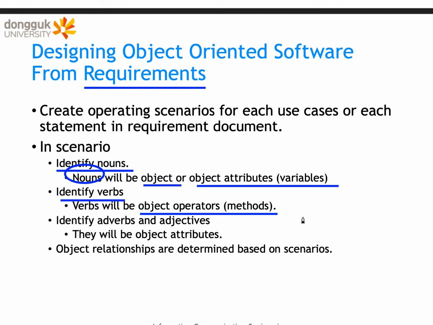If the class is too small, or you feel there are too many classes, then some nouns can be object attributes. And if you find a verb in a sentence, this will be behavior. So this is a very easy starting point.